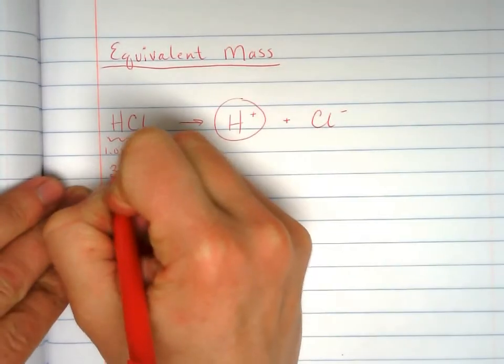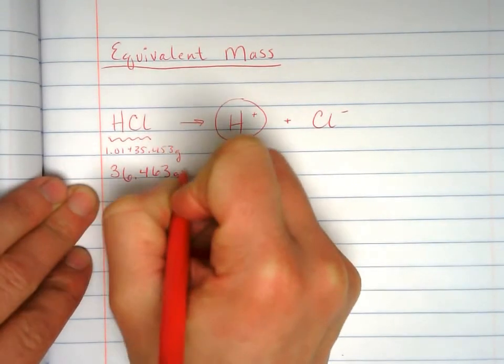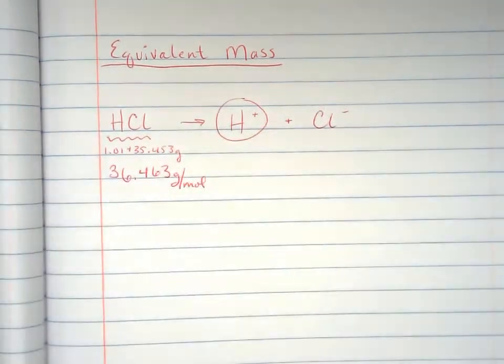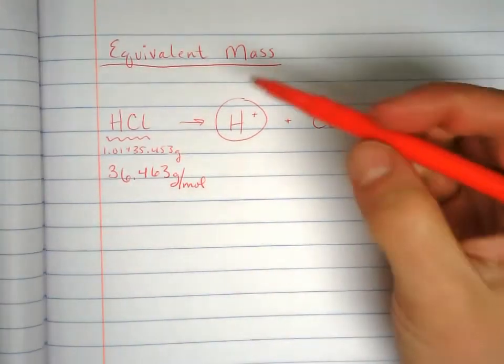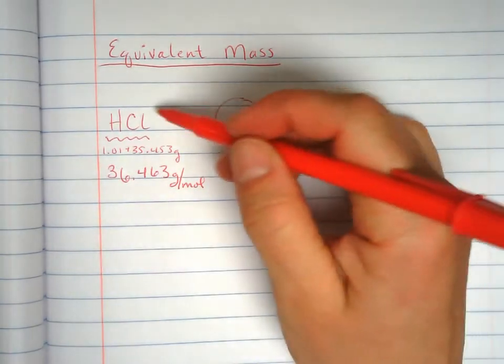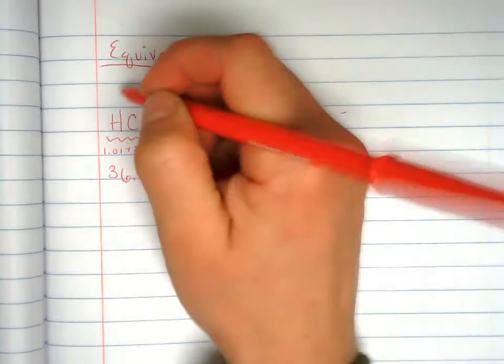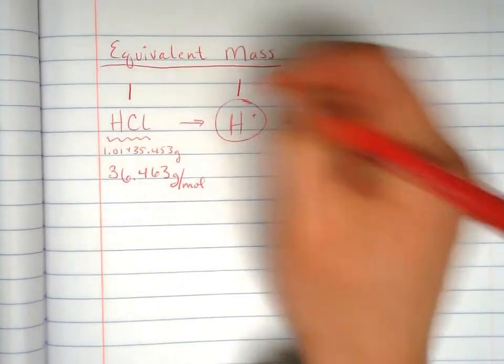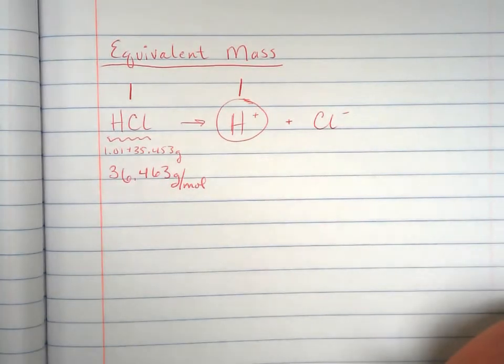And the molar mass of HCl is 36.463 grams per mole. Well, I know that when HCl breaks down, it's going to give up 1 mole of H+. So if I had 1 mole of HCl, I'm going to get 1 mole of H+. I'm also going to get 1 mole of Cl, but we don't really care about that right now.